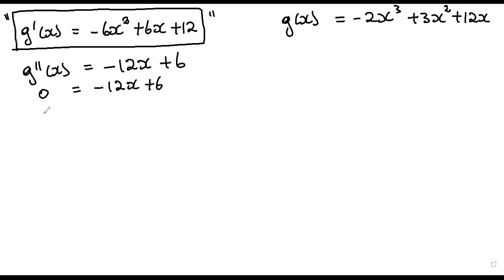Then we take 12x to the other side, it becomes positive like that. Dividing both sides by 12, your x will be 6 over 12, which is just going to be positive half like that. That's fine. This is the x coordinate of the point of tangency.